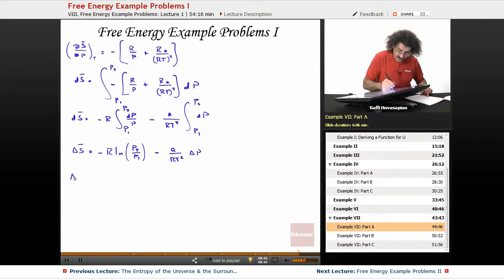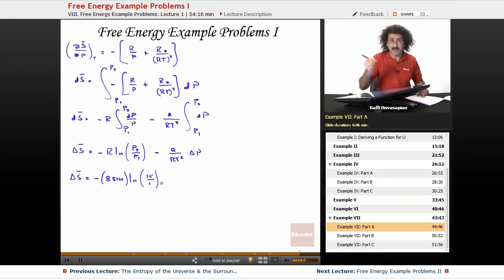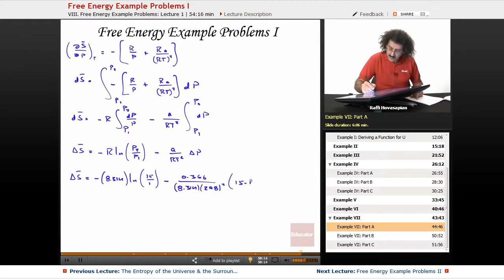Now we put the values in. Delta S equals minus 8.314 times the natural logarithm of 15 over 1. The megapascal cancels megapascal, so if the units cancel, I can leave the numbers alone. Minus 0.366 over 8.314 times 298 squared times 15 minus 1, and again this one times 10 to the 6th, because there's no cancellation here.